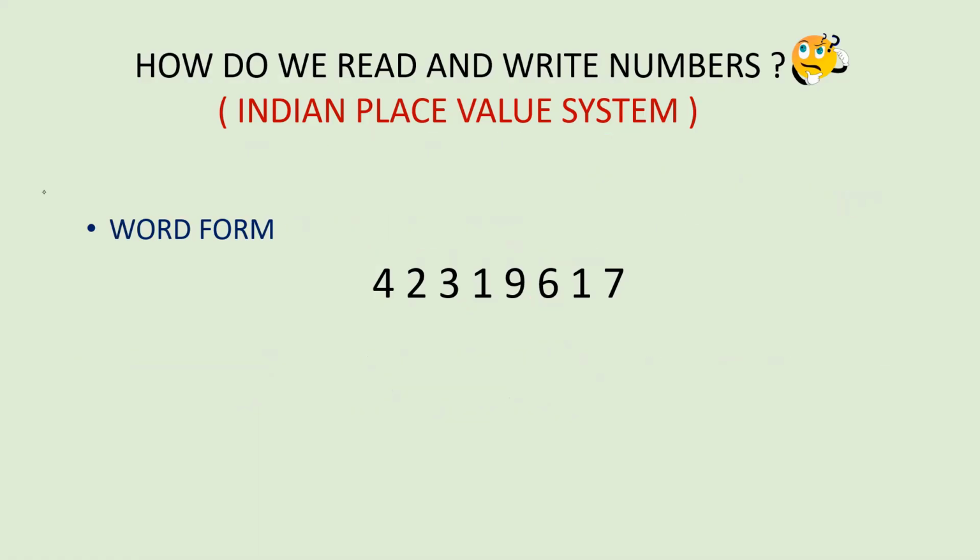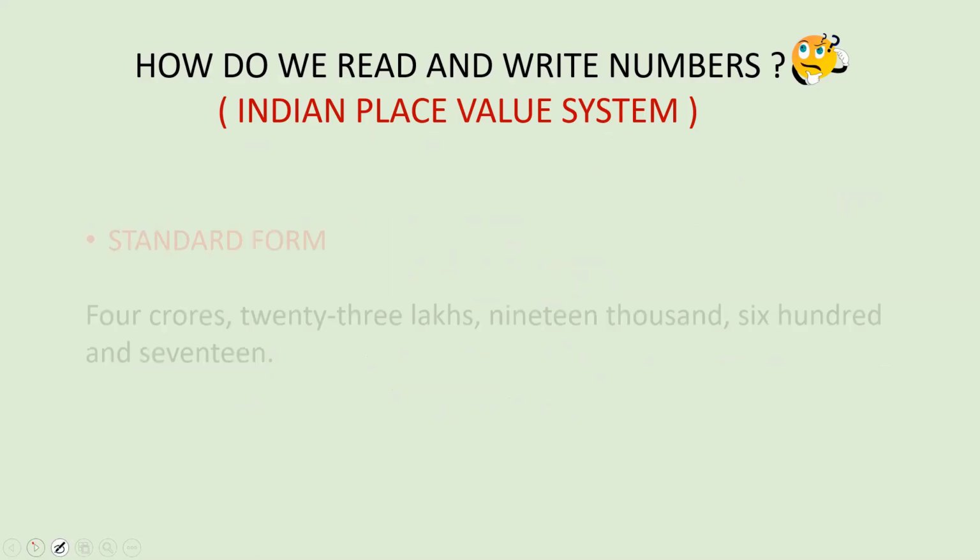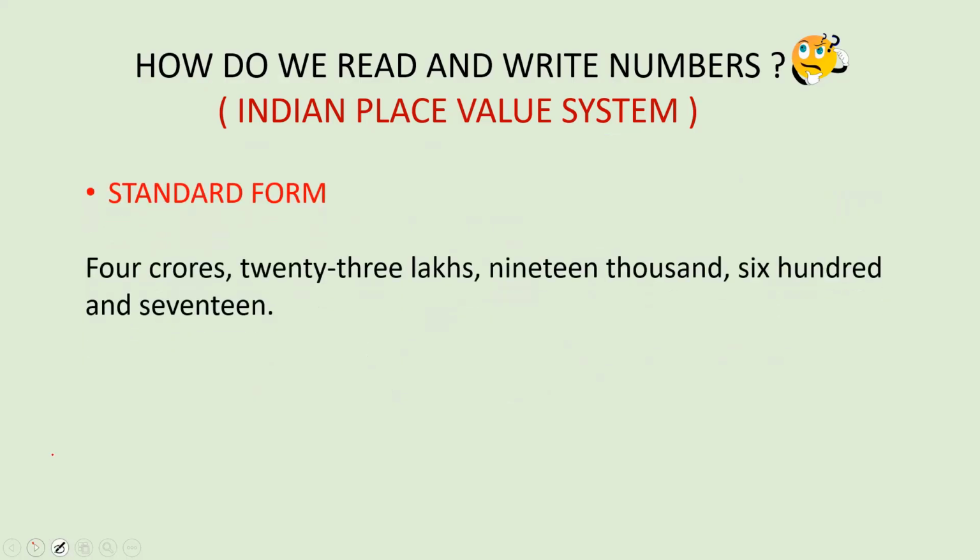Now let us see what is the standard form. How do we write down a number name into the standard form? Again, I've taken the same example, but we will read over here. We have 4 crores. Let us just identify the periods first. We have 4 crores, 23 lakhs, 19,000, and then we have 617, which is the period of ones. So how do we write? 4 crores is number 4.